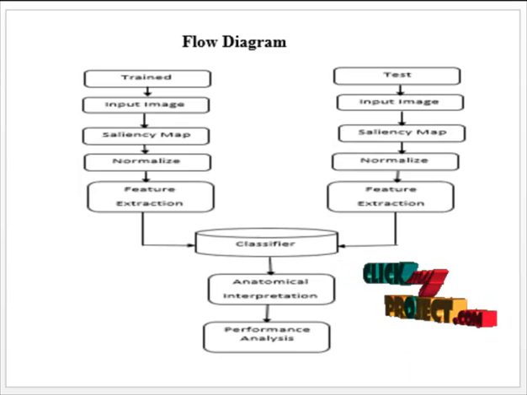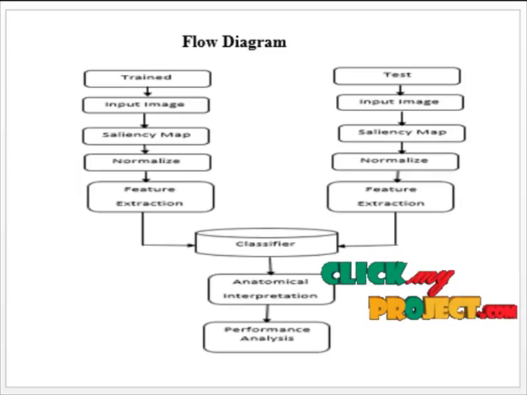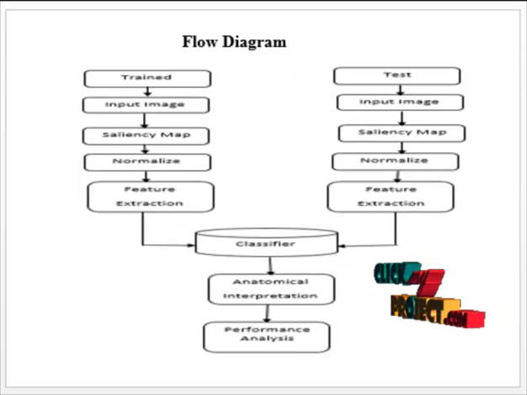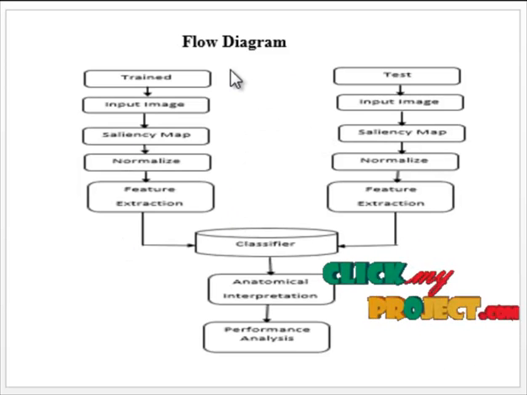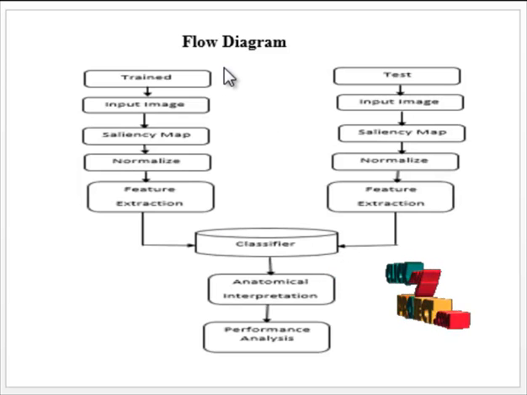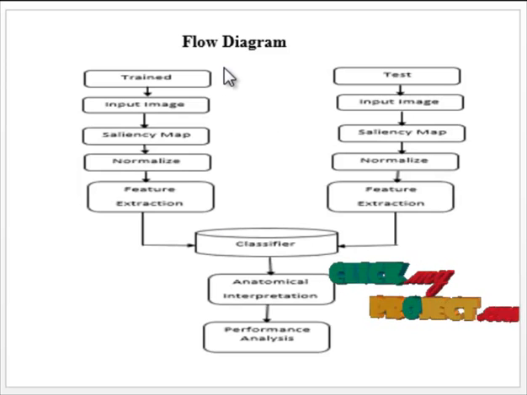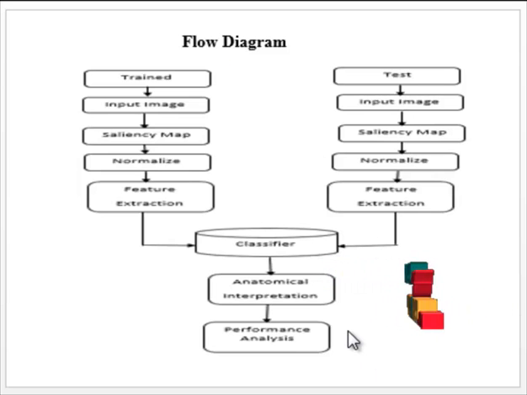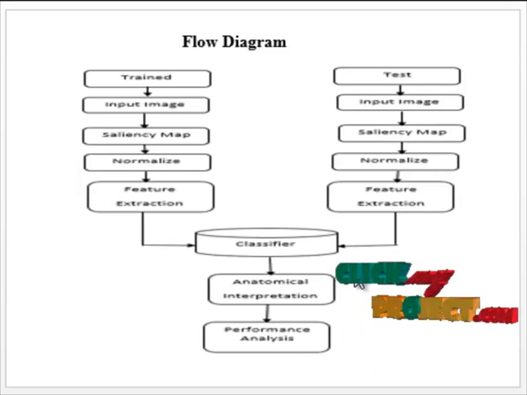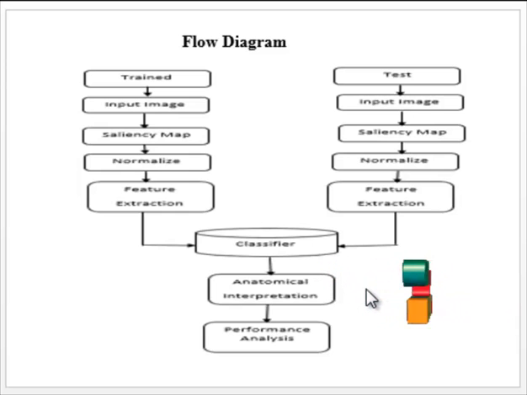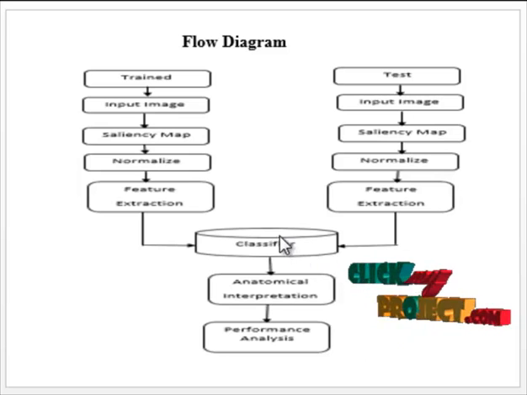In both the train section and test section, the process is the same. The only difference is that in train we train the whole database, but in the test section we test one image. And here we are using kernel fusion for feature extraction and the SVM classifier to classify the images. Now let me see the process.